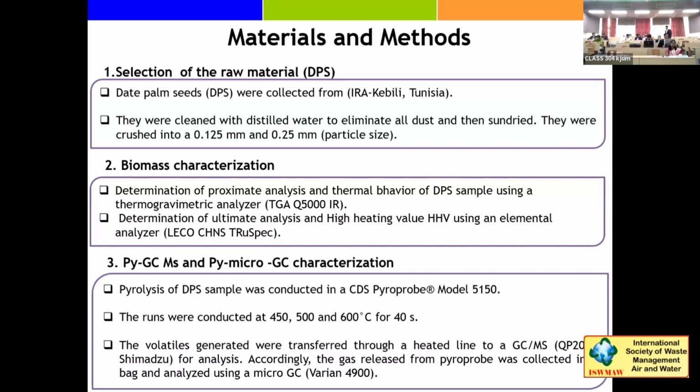The volatiles generated were transferred through a heated line to the GCMS for analysis. Accordingly, the gas released from the pyroprobe was collected in a bag and analyzed using a micro GC.